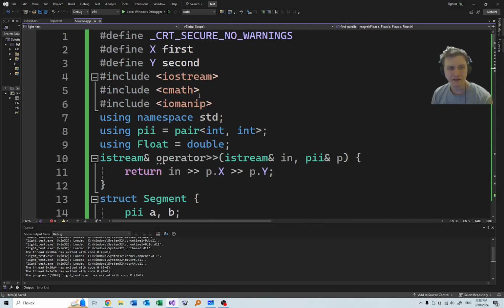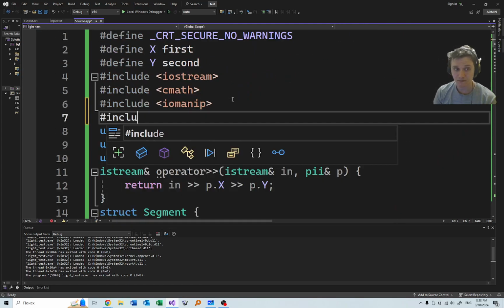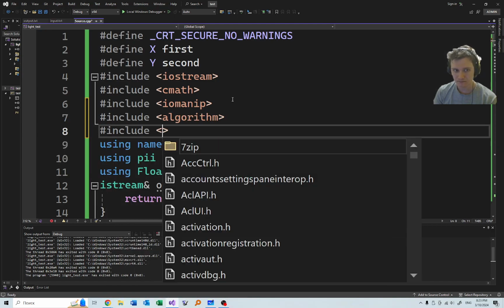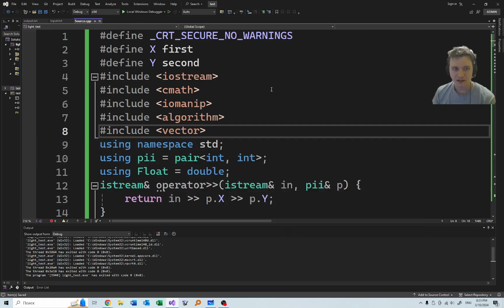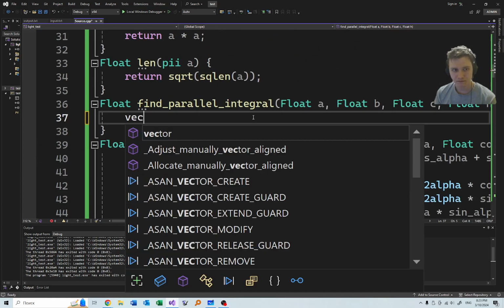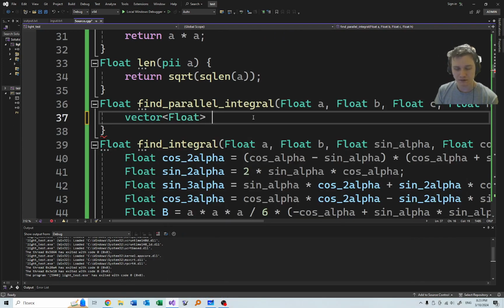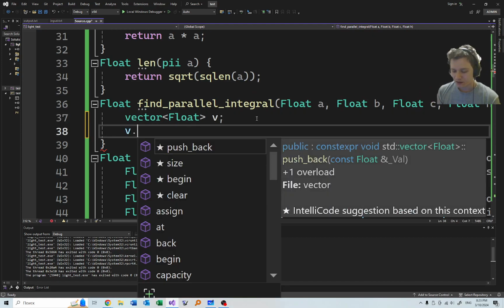Yeah, let's make it simple. Let's make a vector of float.